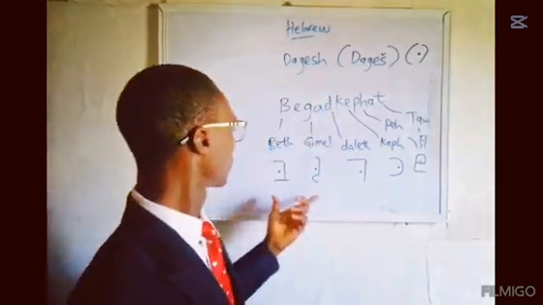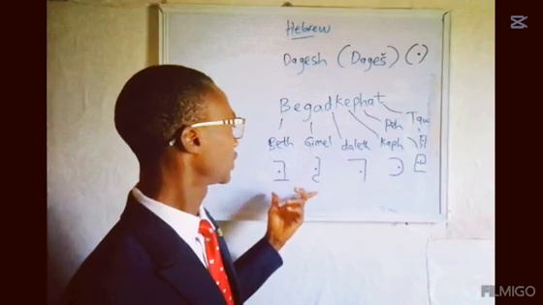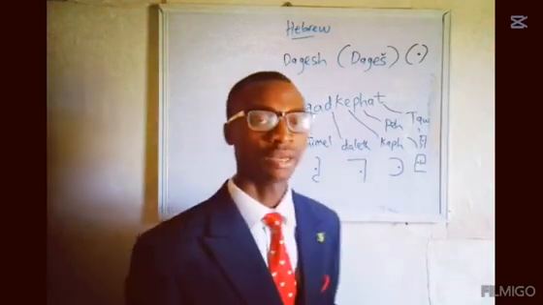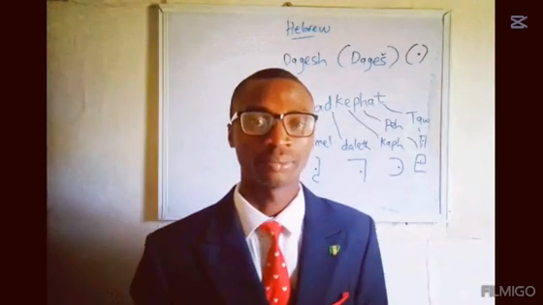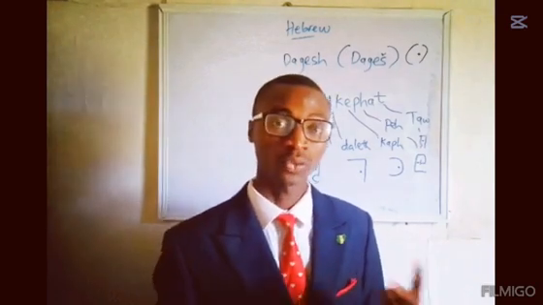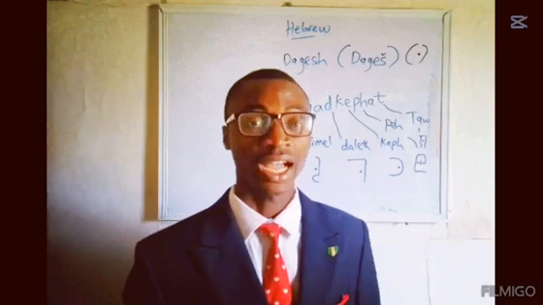So the function of this is based on what form it takes. For instance, we have two forms: the Dagesh Lene and Dagesh Forte.